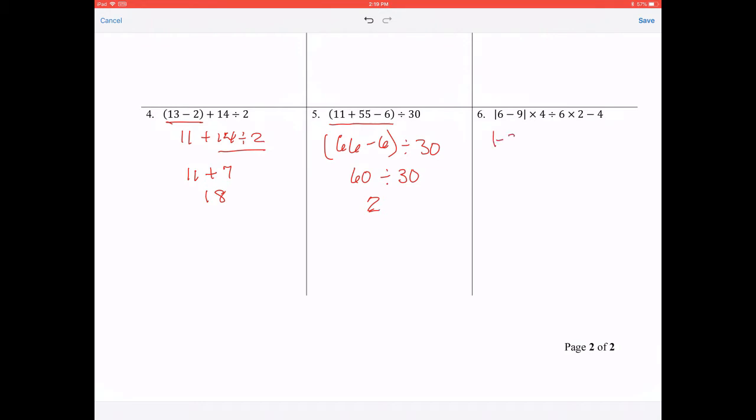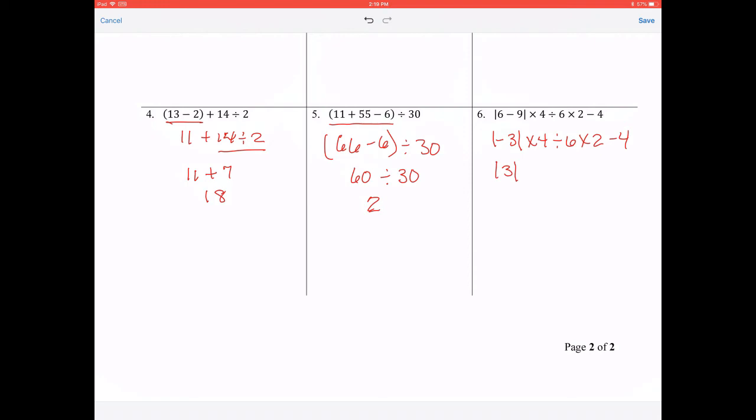6 minus 9 is negative 3 times 4 divided by 6 times 2 minus 4. Absolute value of 3 is 3. Absolute value, when you actually take the absolute value, that is like an exponent.